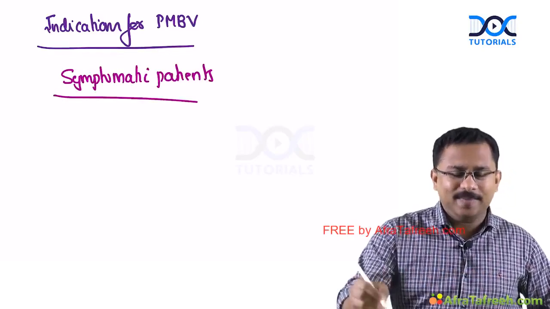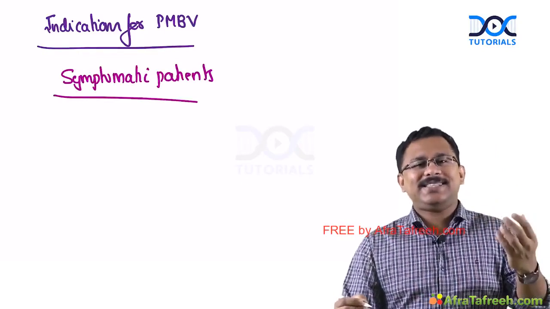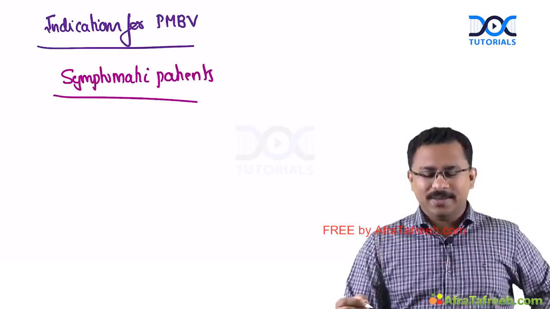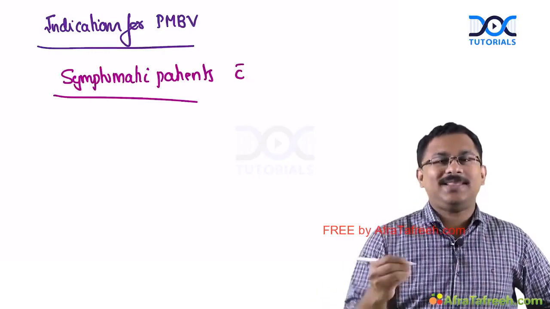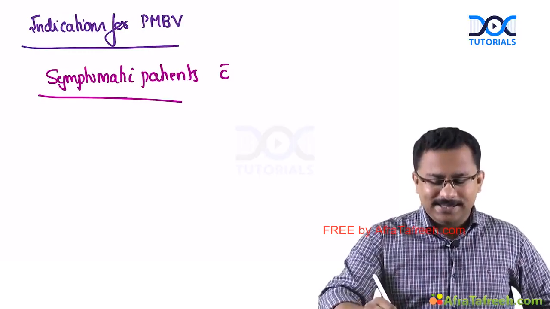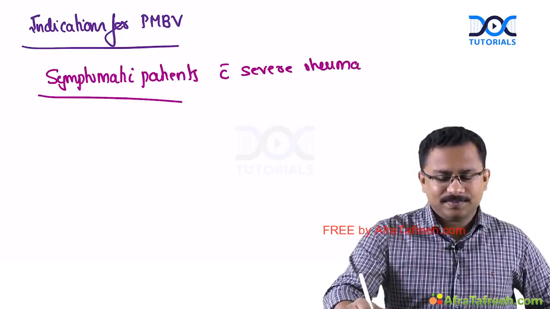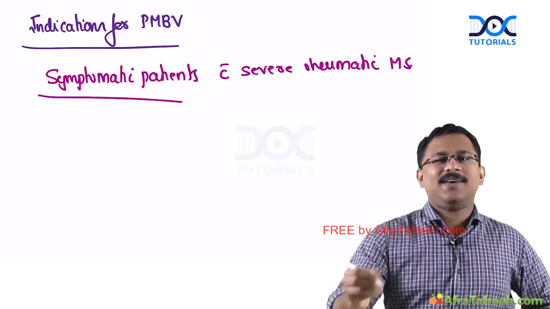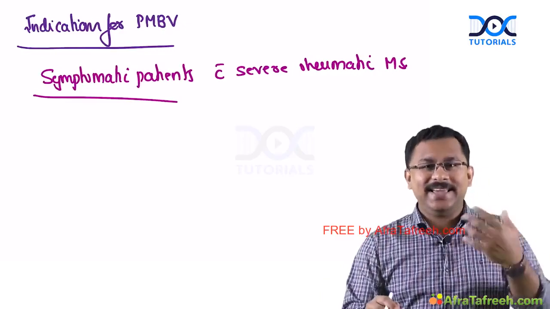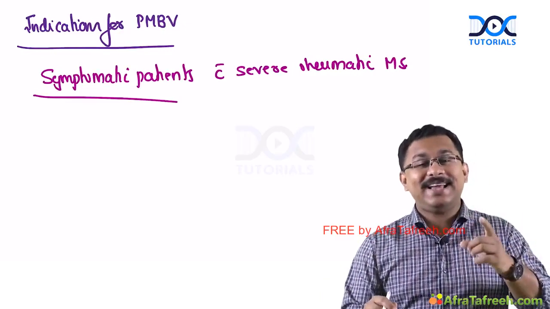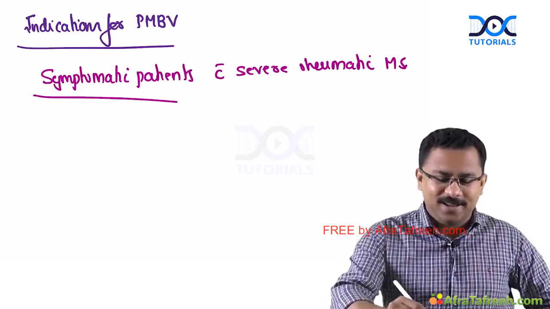When I say symptomatic patients, it means NYHA class 2, 3 or 4. So symptomatic patients with severe rheumatic MS, okay, severe rheumatic MS, that is the stage D, when the mitral valve area is less than 1.5 centimeter square.